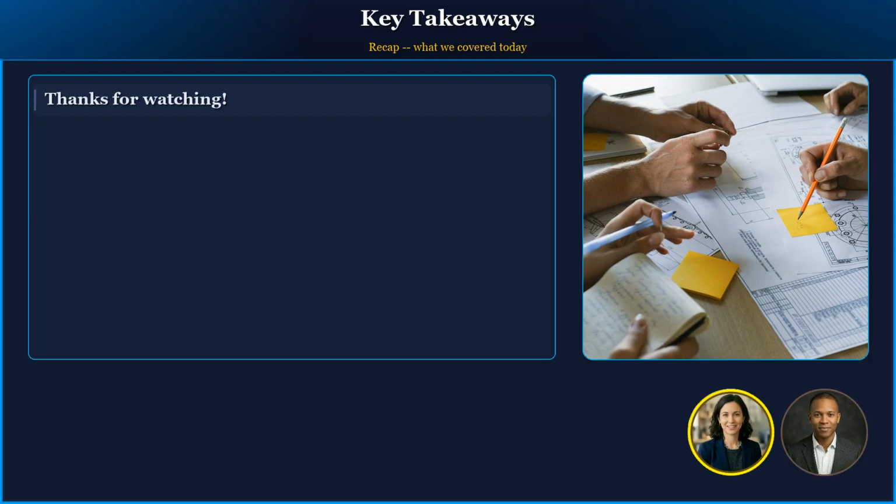The recovery triangle. Recovery time objective defines how fast systems must be restored. Recovery point objective defines how much data loss is acceptable, and maximum tolerable downtime sets the absolute ceiling. Recovery time objective must always be less than or equal to maximum tolerable downtime. If it is not, the plan is already broken.